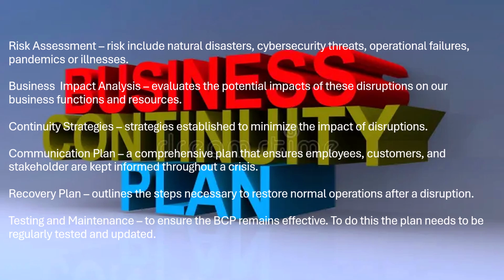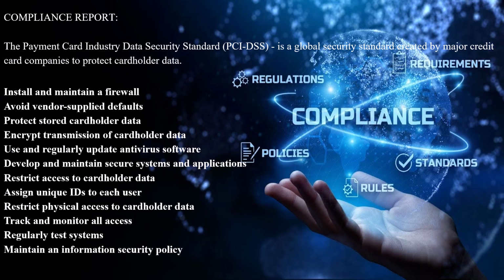It should include a communication plan, which is a comprehensive plan that ensures employees, customers, and stakeholders are kept informed throughout a crisis. A recovery plan, which outlines the steps necessary to restore normal operations after a disruption. And then testing and maintenance to ensure that the business continuity plan remains effective. To do this, the plan needs to be regularly tested and updated.